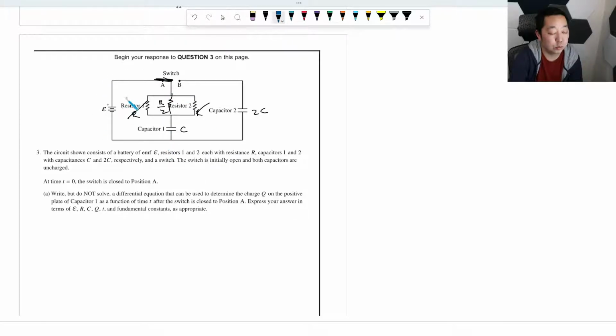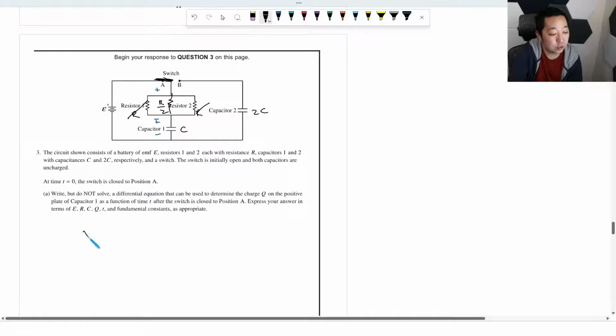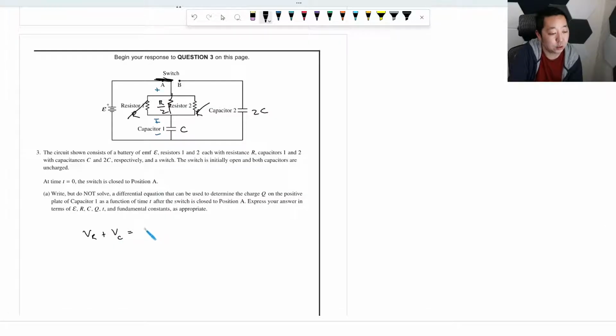So when you do our loop rule here, the voltage drop across here and the voltage drop across here have to add up, right? So the voltage across the resistor plus the voltage across the capacitor is going to equal epsilon. The voltage across the resistor is I times R over 2.